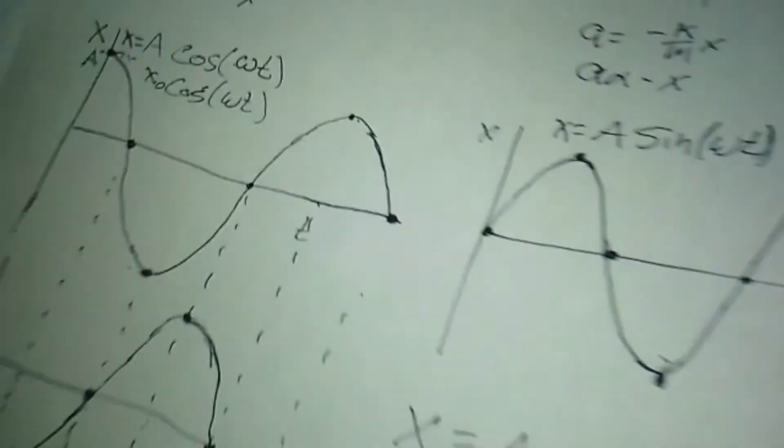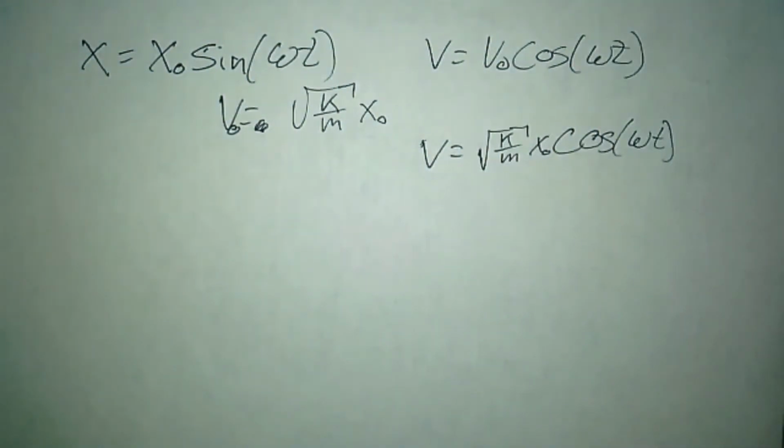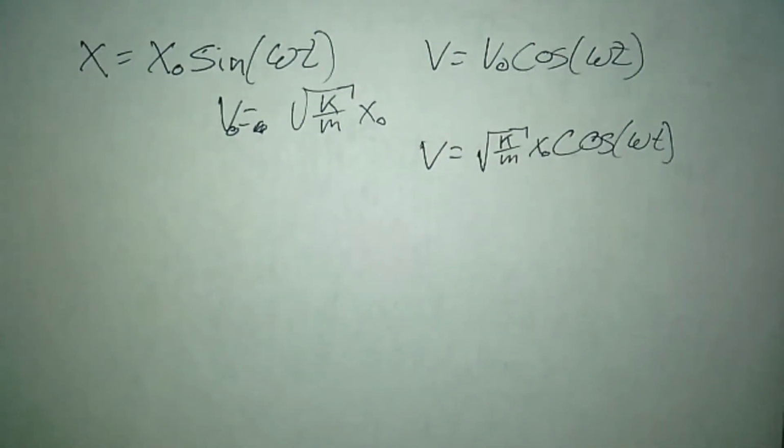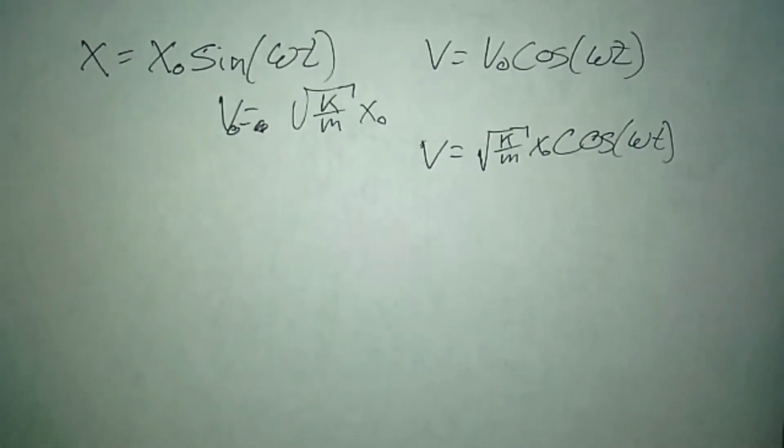So I've learned a couple things here. In another video we're going to talk about how omega is the square root of k over m, but I've also just pulled it out here too.